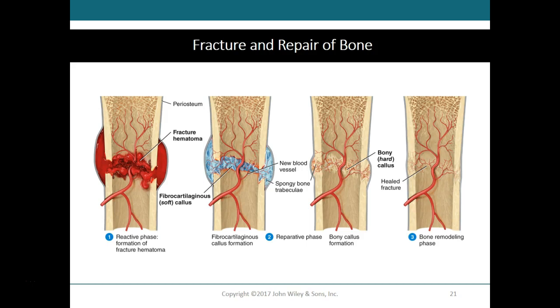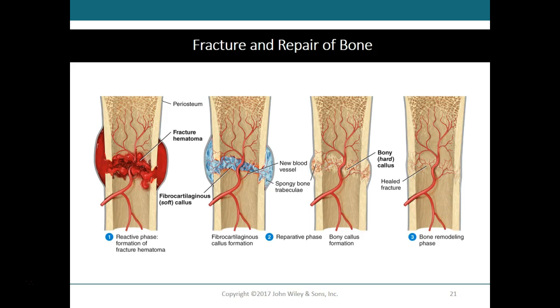So these are going to start producing spongy bone trabeculae. The trabeculae are going to join the living and the dead portions of the bone fragments and start to create sort of a bony callus instead of that fibrocallus, as the fibrocartilaginous tissue is replaced by osseous or bone tissue. This can take up to 3 to 4 months.